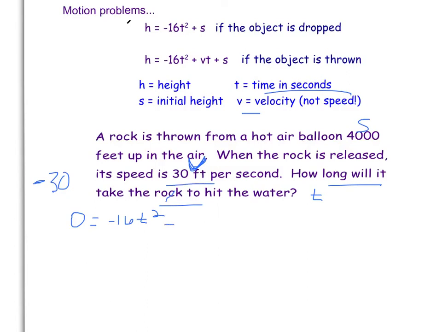The velocity again is 30, but because it's going down, it's negative 30t. And then my initial height is 4,000 feet. So that's the equation. And then you pull out your a, your b, and your c. So a is negative 16, b is negative 30, and c is 4,000.